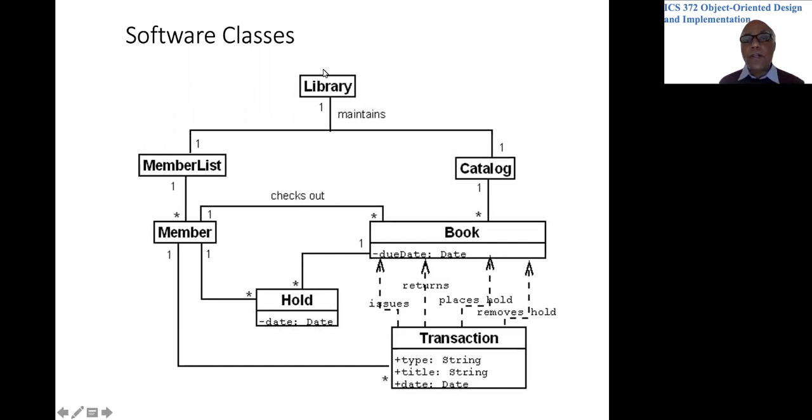The library class, member list, catalog, member and hold, and book. And finally, we have transaction here. Let me briefly go over these things. There are no real surprises. Library, member, hold, and book were in the conceptual class diagram.